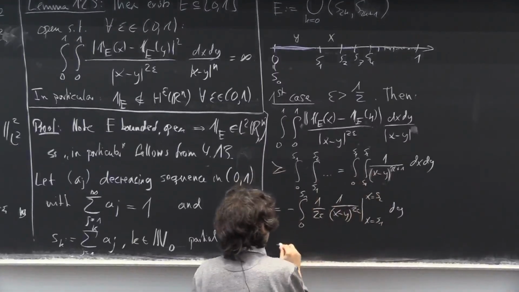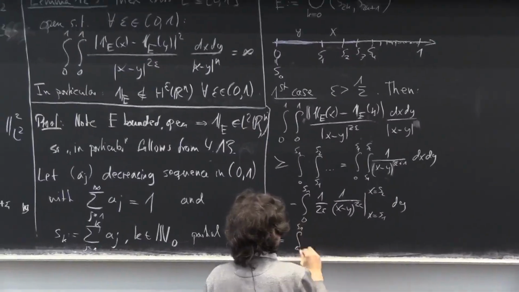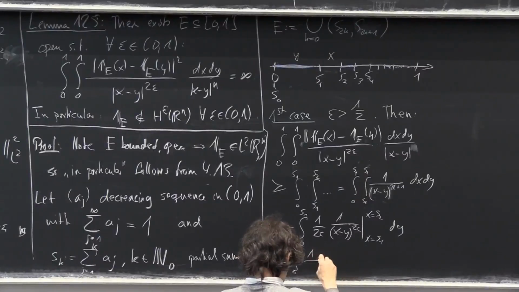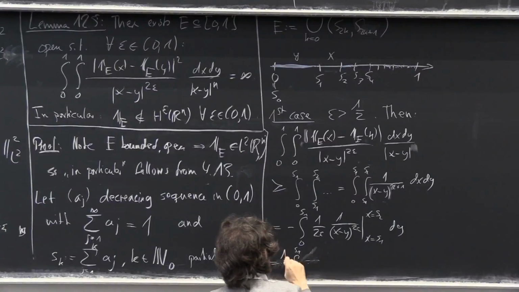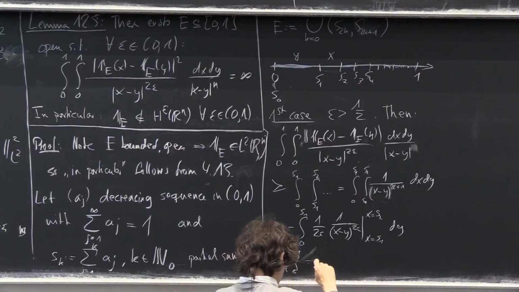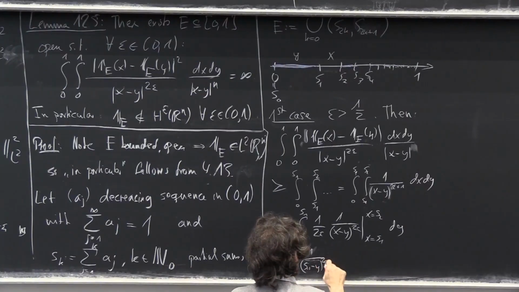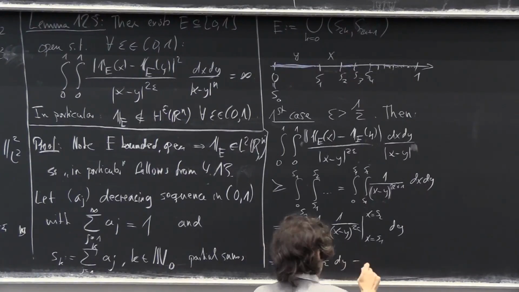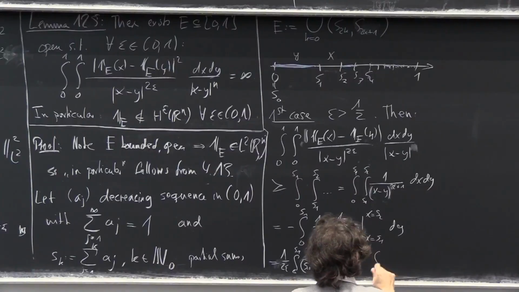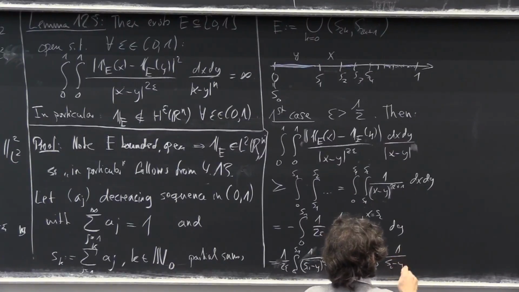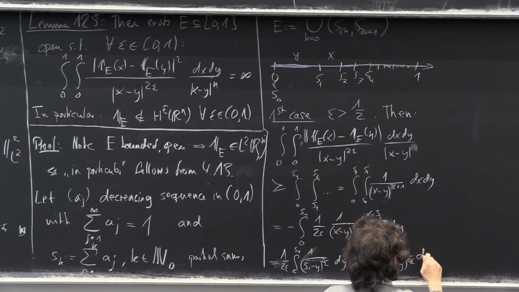So this gives you the integral from 0 to S1, x being S1, of 1 over 2 epsilon, which is everywhere, times 1 over (S1 minus y) to the 2 epsilon dy, minus the integral from 0 to S1 of 1 over (S2 minus y) to the 2 epsilon dy.